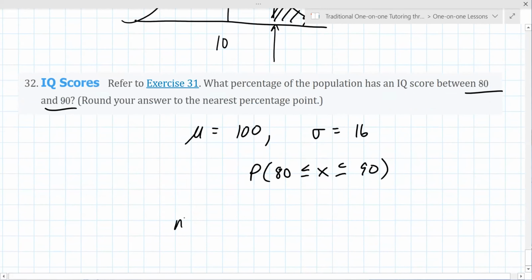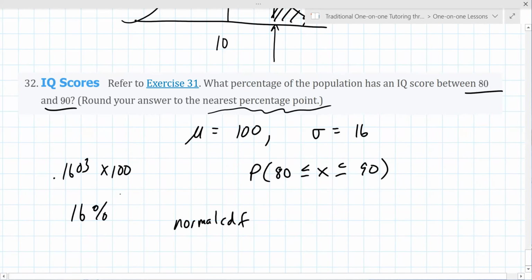Okay, I got 0.16. All right, let me get caught up to you on this. Yeah, it says round your answer to the nearest percentage. So yeah, 0.1603, but then you multiply by 100 and it's 16%. Gotcha.